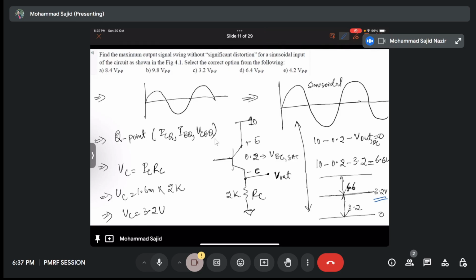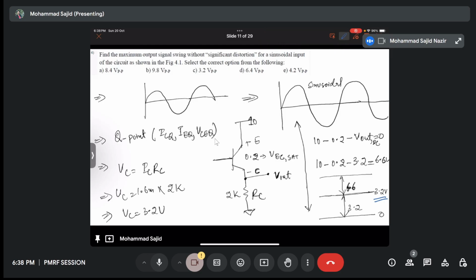Now we have this VDS sat of 0.2. If I apply KVL now, this will be 10 minus 0.2 minus 3.2, so it should be 6.6.